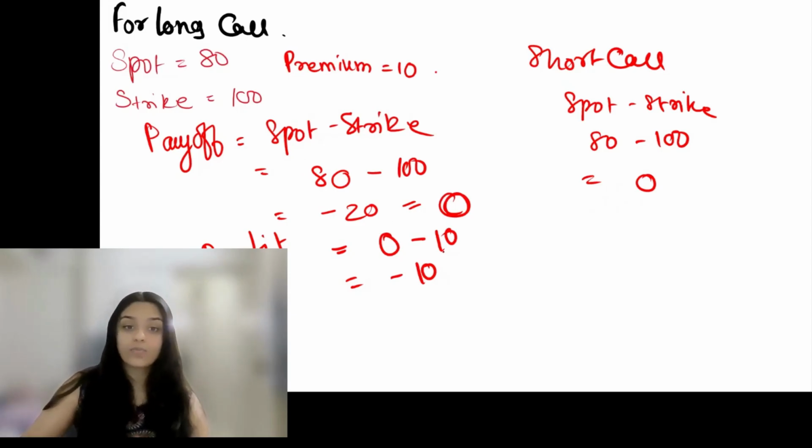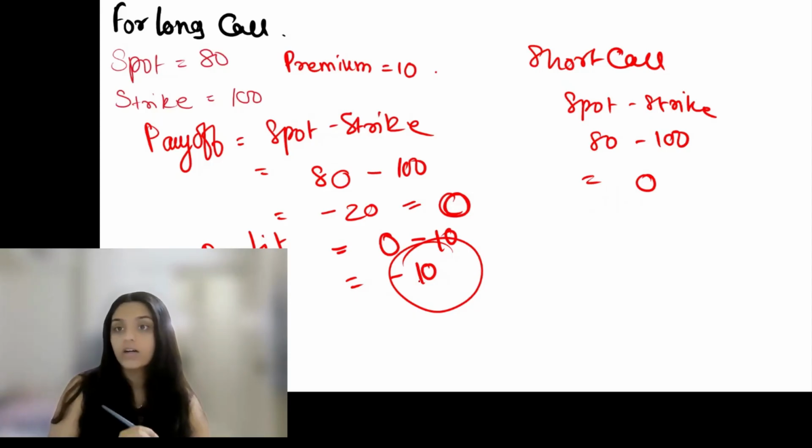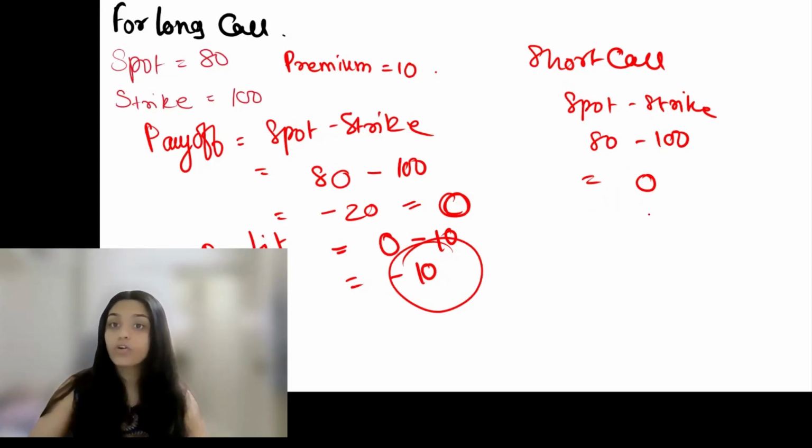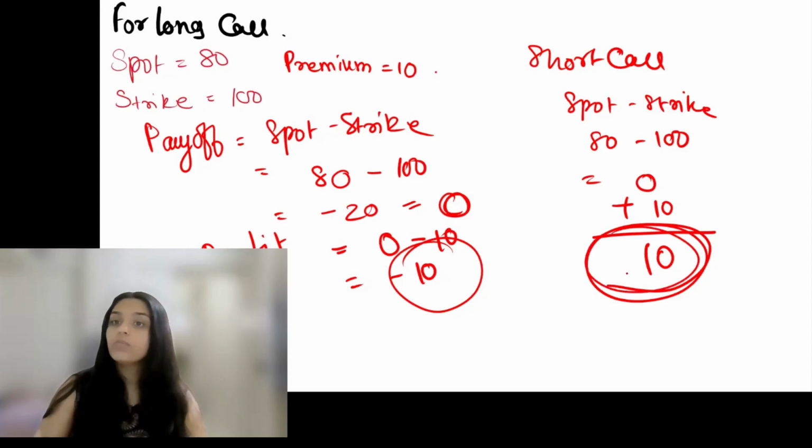But this 10 rupees that the long call position holder has paid to the short call position holder will be the profit of the short call position holder. And this is how the sums actually work.